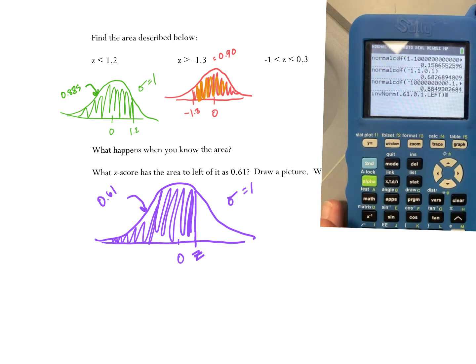Now, before I hit enter, don't hit enter. What do you guys think this answer should be? Is it going to be positive or negative? Positive is going to be really big, or it's going to be positive but close to 0. Are we comfortable with that idea?